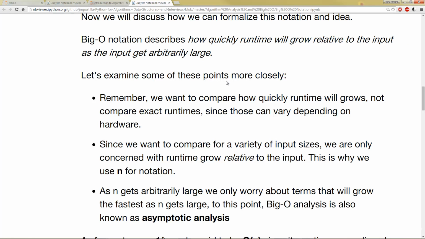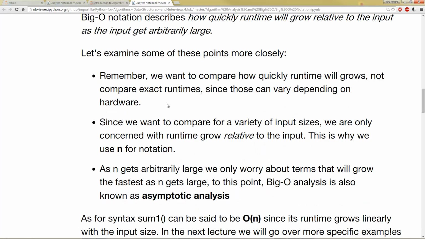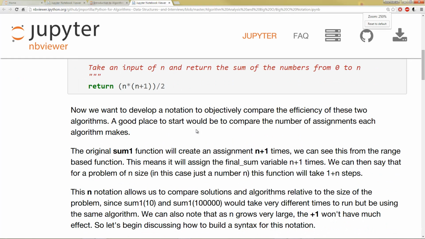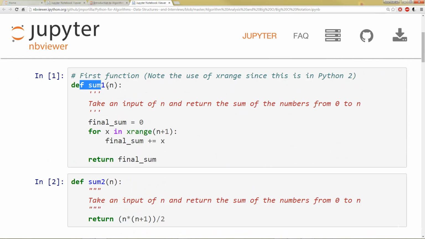So there's 3 points there. Let's go ahead and examine them more closely. So first point, this first bullet, we want to compare how quickly runtime will grow, not compare exact runtimes, since those can vary depending on the hardware. So as we mentioned before, we want to compare objectively these two algorithms, not based on runtime.